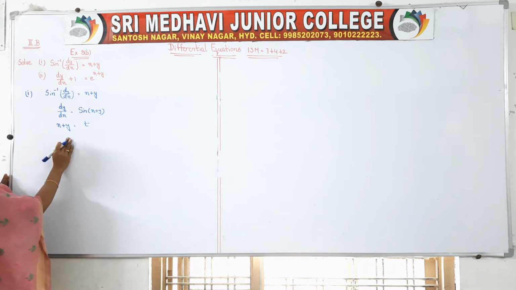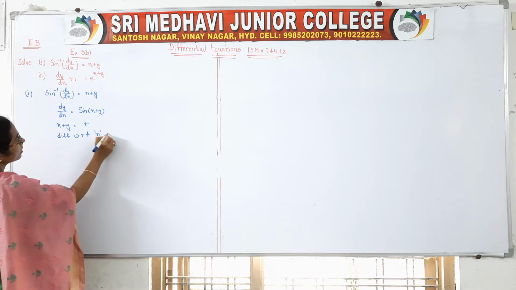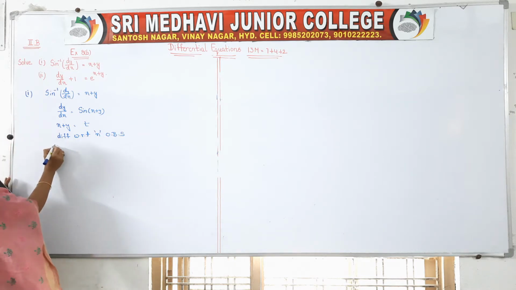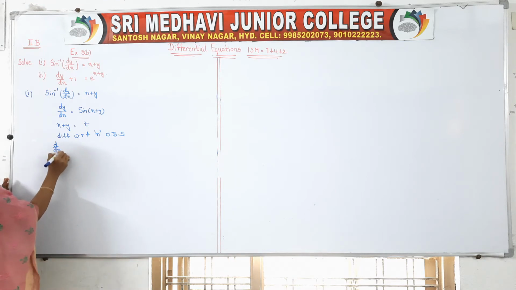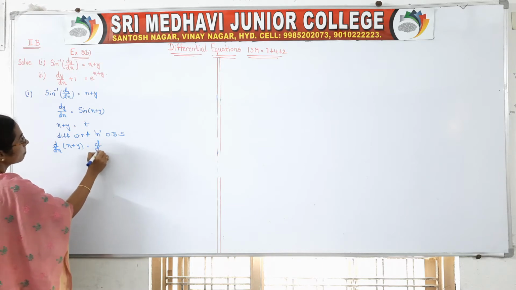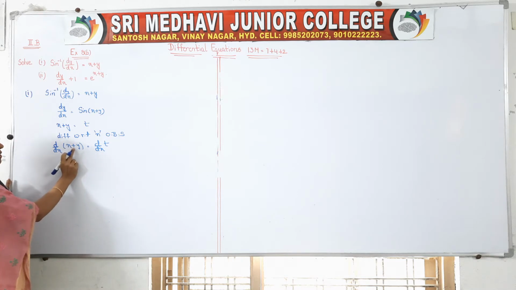So come on, now differentiating with respect to x on both sides. We are doing differentiation. So then what happens? d by dx of x plus y is equal to d by dx of t. So whenever plus is there we take separate derivatives.